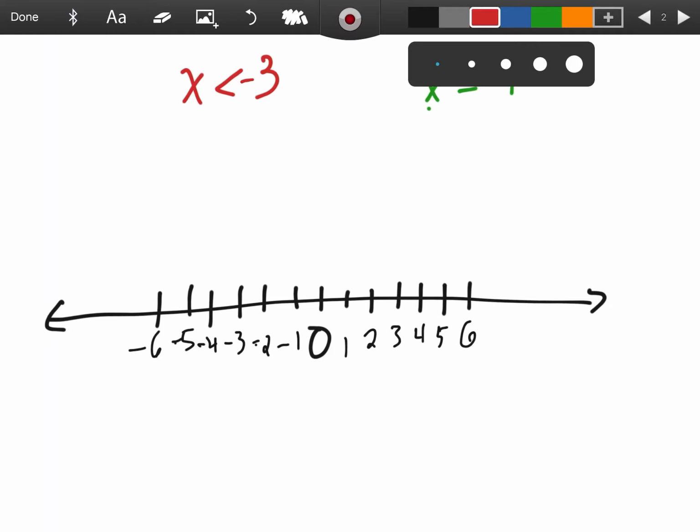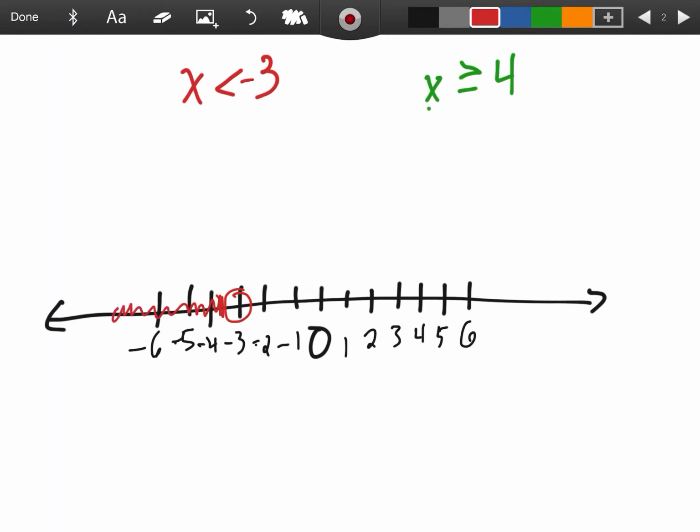Well, the first thing that we're going to do is we put a circle around that negative 3. We say, okay, well, at negative 3, and then every value that's less than it. And less than means to the left on the number line. So we circle that number, and then we shade in everything to the left, because everything to the left of negative 3 is going to be a solution.